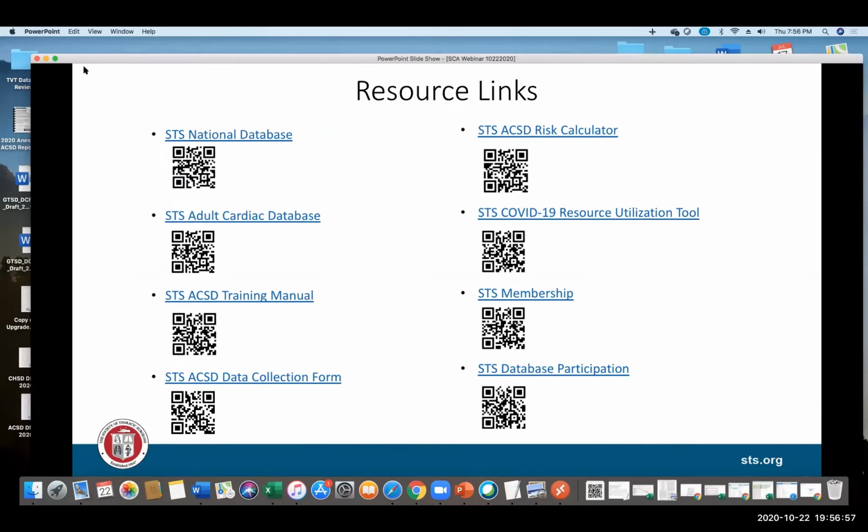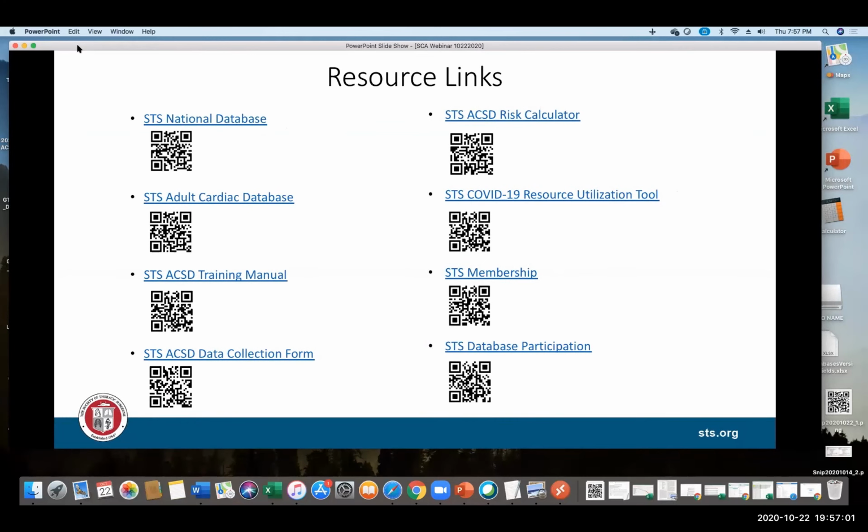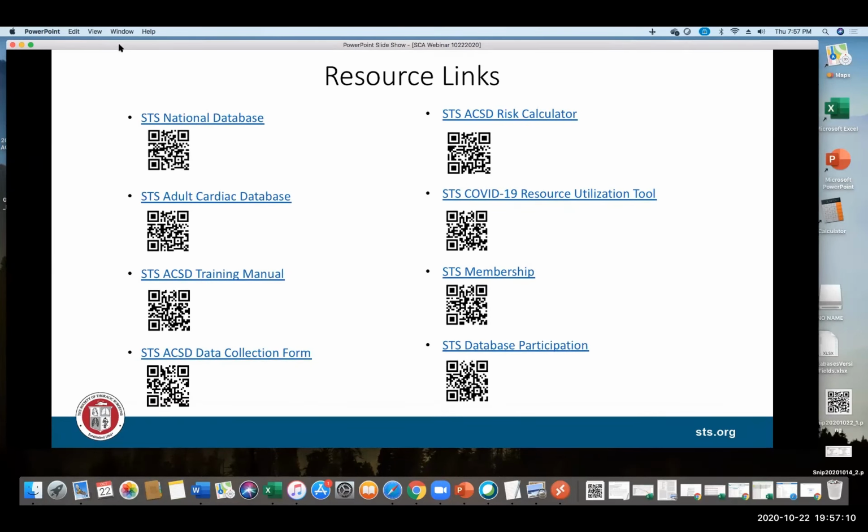The benchmarked reports, which are the reports that will show the like groups and the STS groups against your site's numbers, will be available in the next coming weeks. And that will be very useful. One thing that I'd like to point out is that previously the anesthesia participants only received a PDF of the anesthesia data.